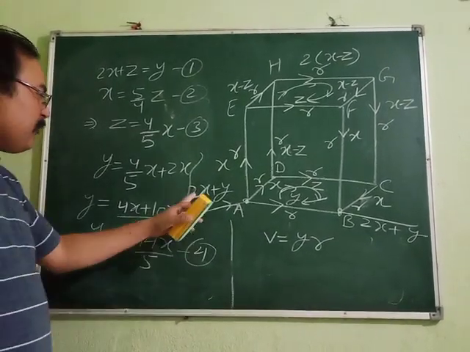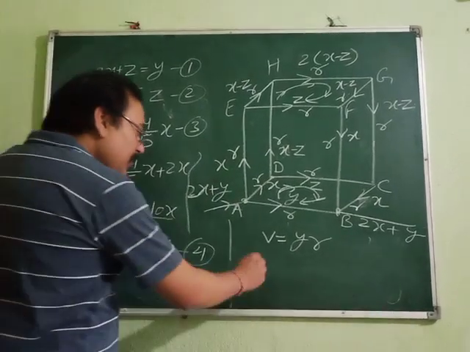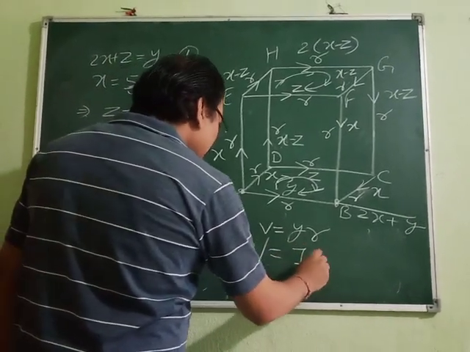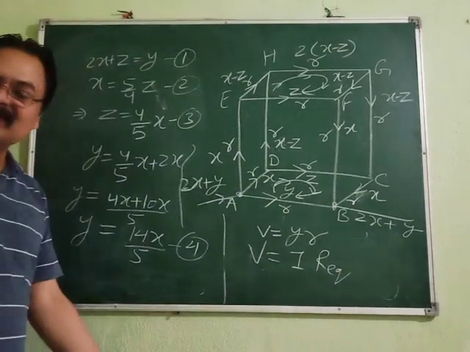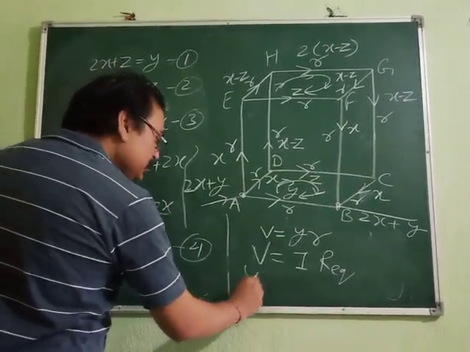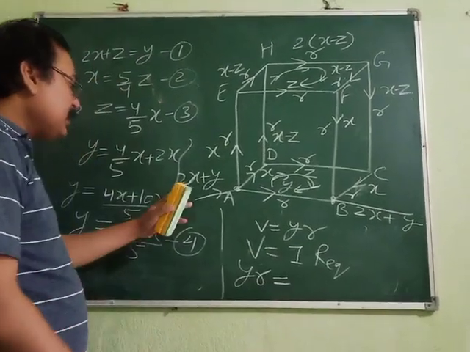What is the total current flowing? That is 2X plus Y. So for the equivalent resistance, can we write V is equal to total current into total resistance, R equivalent? When we can write this, then V is equal to YR, and the total current is 2X plus Y.